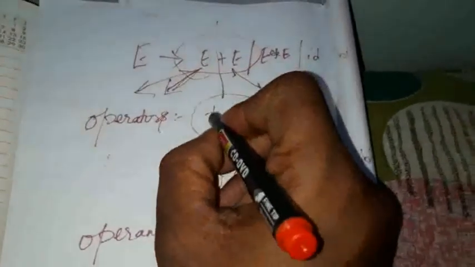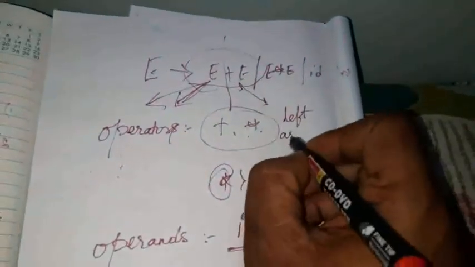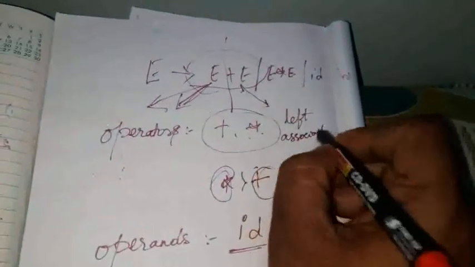So the tree can grow either to the left side or towards the right side. We are going to restrict this to any one side, that is, left recursion we are going to take. And we assume plus and star both are left associative.